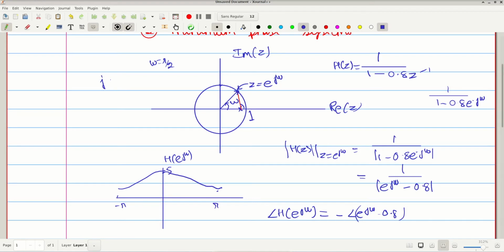So we need to look at j minus 0.8. This is j, this is 0.8. Let me choose a different color; I'll draw it using green. We need to take the negative of this angle. So j minus 0.8 is very easy. If you look at it, it's tan inverse of minus 0.8.